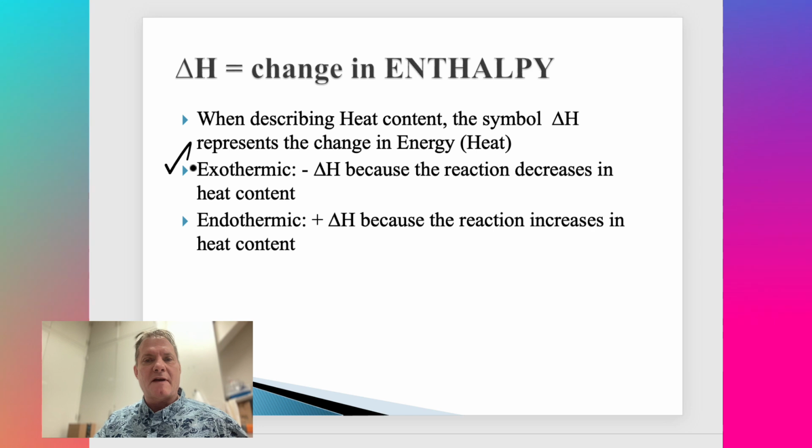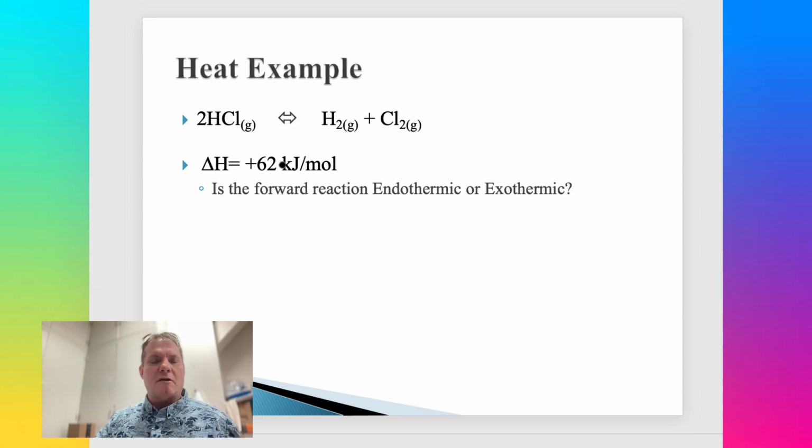So exothermic reactions have the negative delta H, endothermic reactions have a positive delta H. So for this example right here, we're given a reaction, we're also given a delta H, a change in enthalpy. Again, enthalpy, think about heat content. There's a positive delta H here, which means that it's gaining heat, positive being gaining. We know that process is what?